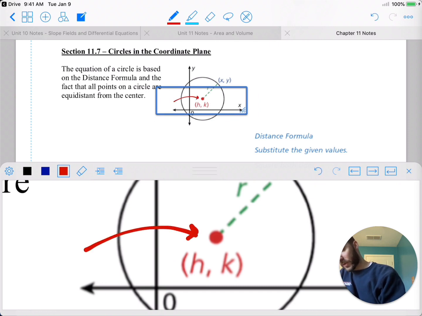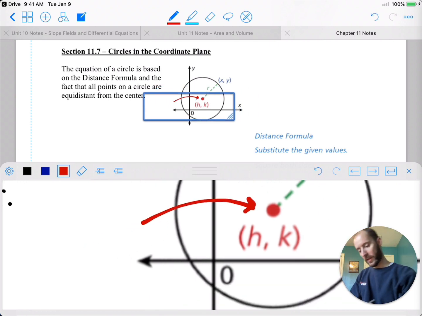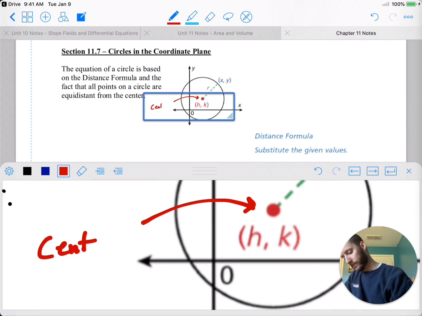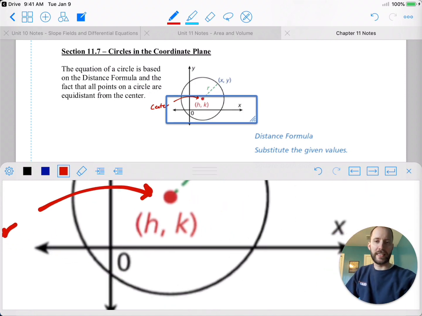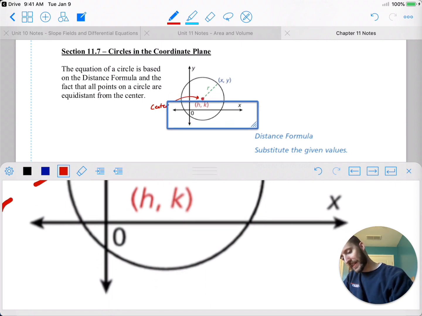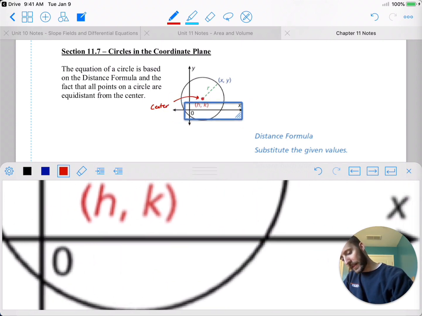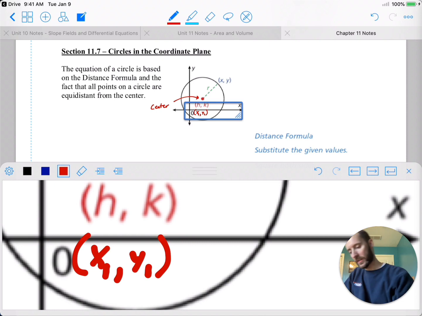So of course we have the center of a circle. The coordinates of the center we call h and k. But for now, using the distance formula, let's call those x1 and y1, the first x and y coordinates.